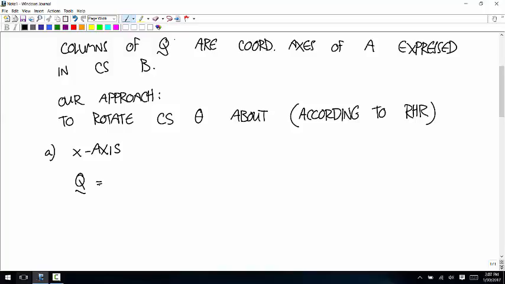The rotation matrix is 1, 0, 0; 0, cosine theta, sine theta; 0, negative sine theta, cosine theta.